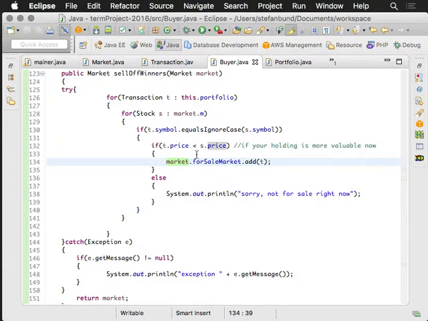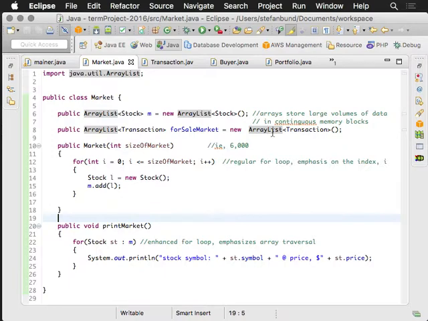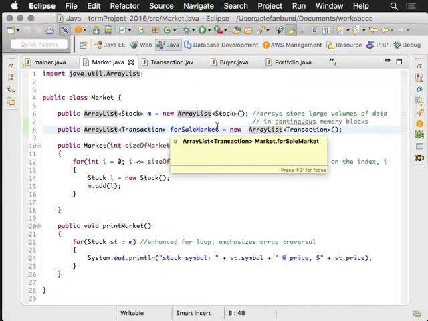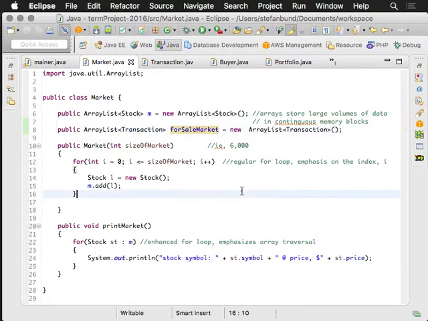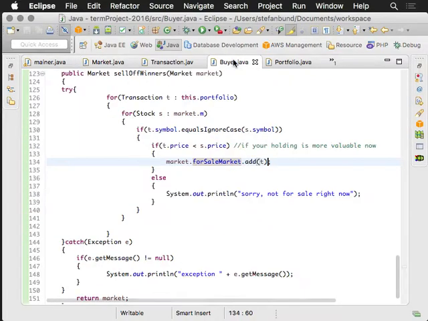So look inside of that market and add it to the for sale market. That sounds like a lot. If you understand that, then kudos. But this is going to be an array list of transactions that pertain to the stuff that's on sale, and that's the for sale market. So we're saying, go ahead, put it up for sale, and that gives the opportunity for other people to buy it from you. That's the sell-off winners.